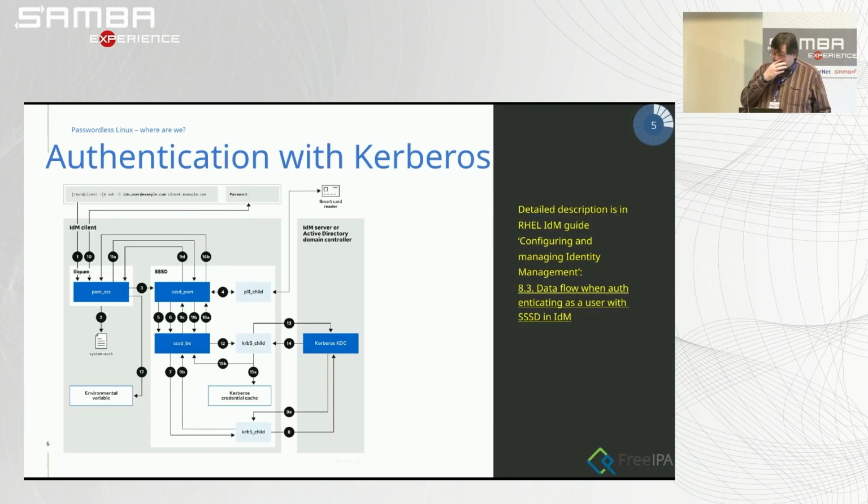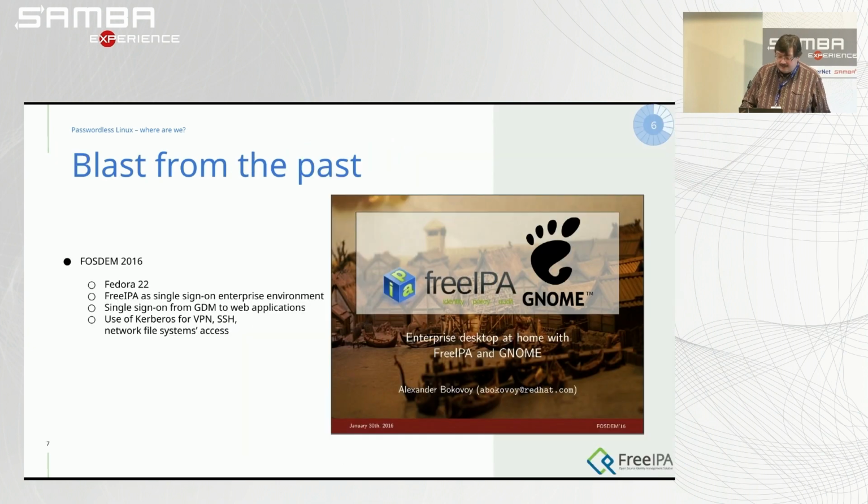And the interesting part is that, yes, it becomes complex enough. This is from the RHEL documentation, a very helpful diagram of how it works in an Active Directory with a forest from FreeIPA, a bunch of flows that happen there.